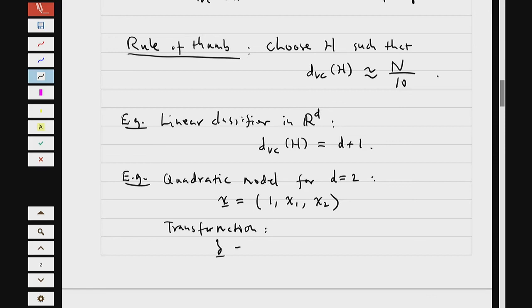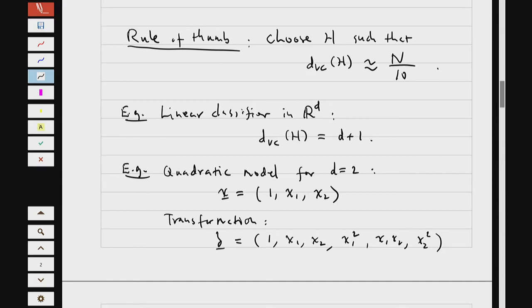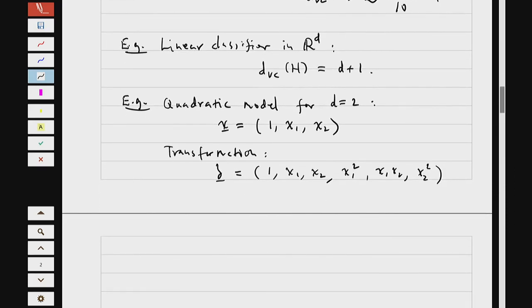To the z space. For the quadratic transformation, what do we need to do? 1, then x1, x2, x1 squared, x1 x2, x2 squared, right? This is the most complete transformation to the second order polynomial, so quadratic form.